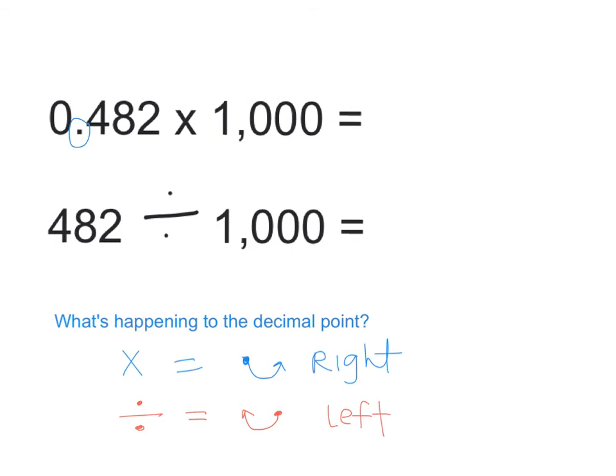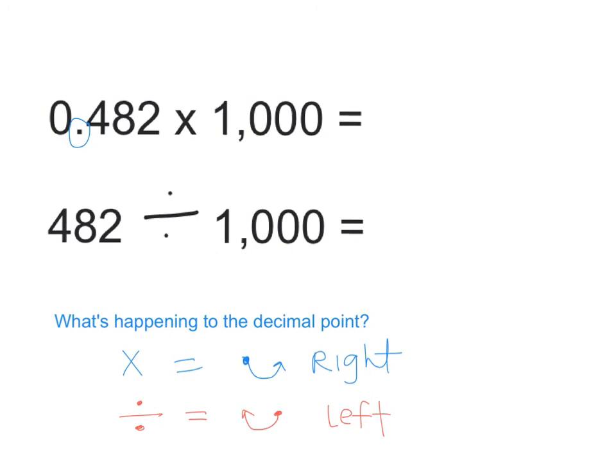If I'm multiplying a number by 1,000, will it get bigger or smaller? Bigger. If I move the decimal point to the right, the number gets bigger. To the left, smaller. So I should move it to the right.